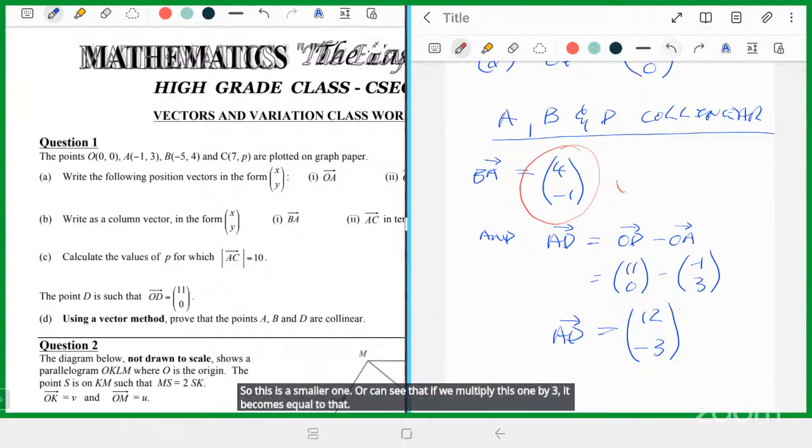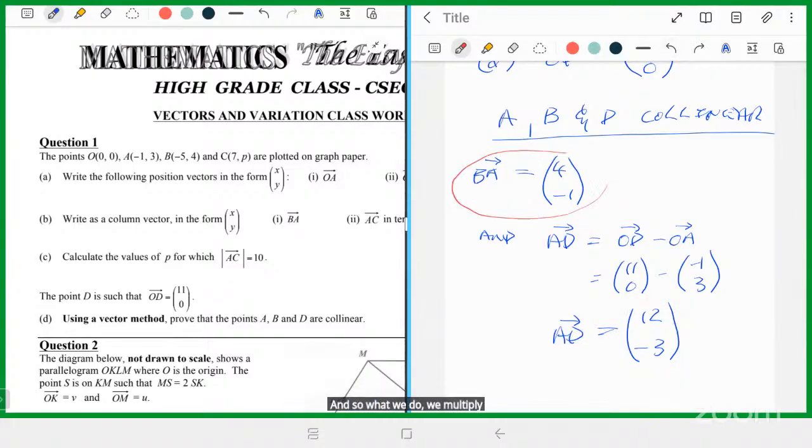And so we multiply the whole equation by 3. This equation becomes 3BA, because you have to multiply this side by 3 as well. You multiply this by 3, it becomes 12, negative 3.